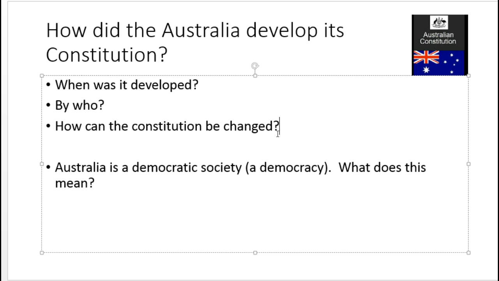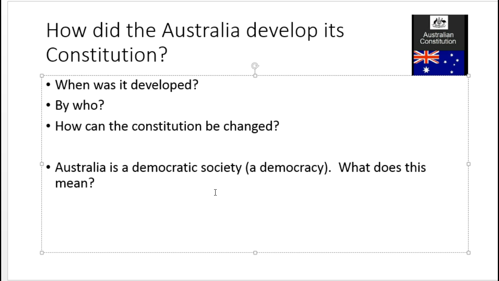Okay? So because the people in Australia have a say about who runs our country, so who is our Prime Minister, who is our Premier, we call that a democratic society. Okay, democratic. That's a big word there. That's what it means, democratic.